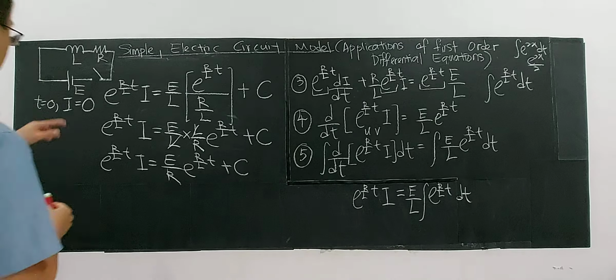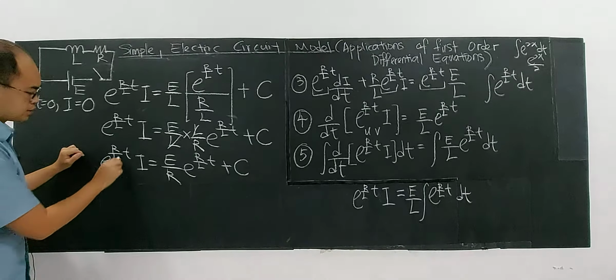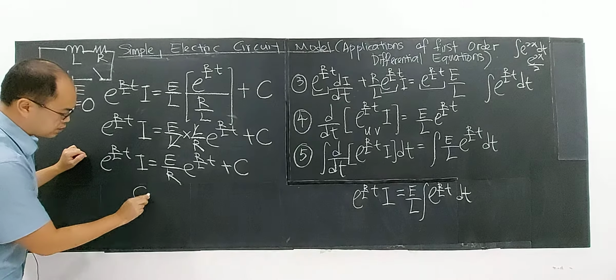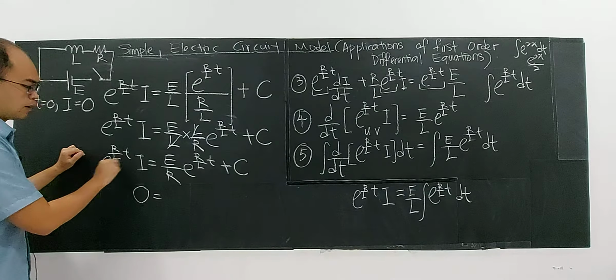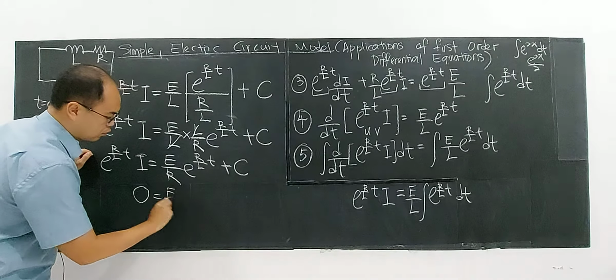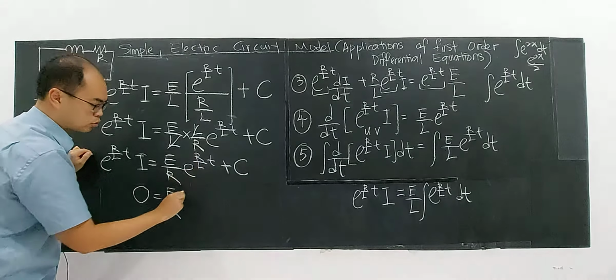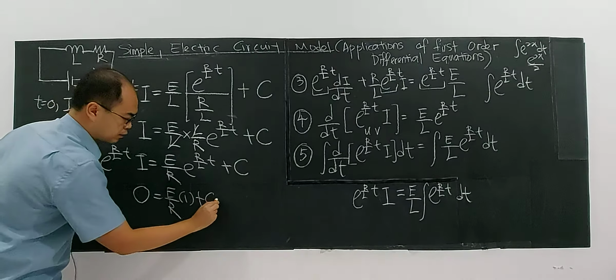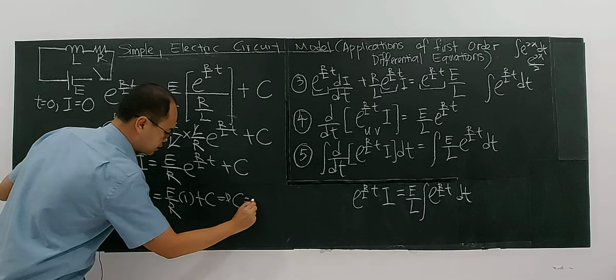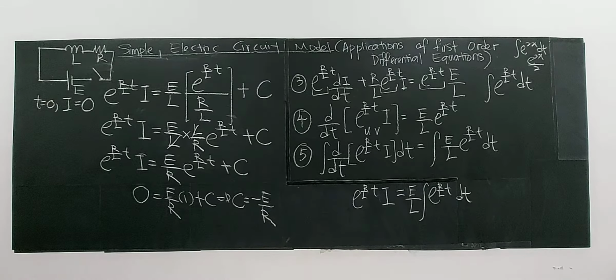So we can substitute the current with 0. The time is 0, current is 0. So this whole thing will become 0, as e to the power of 0 is 1 but i is 0, so everything becomes 0. So E/R, and e to the power of 0 gives 1, plus C, which implies C is negative E/R.